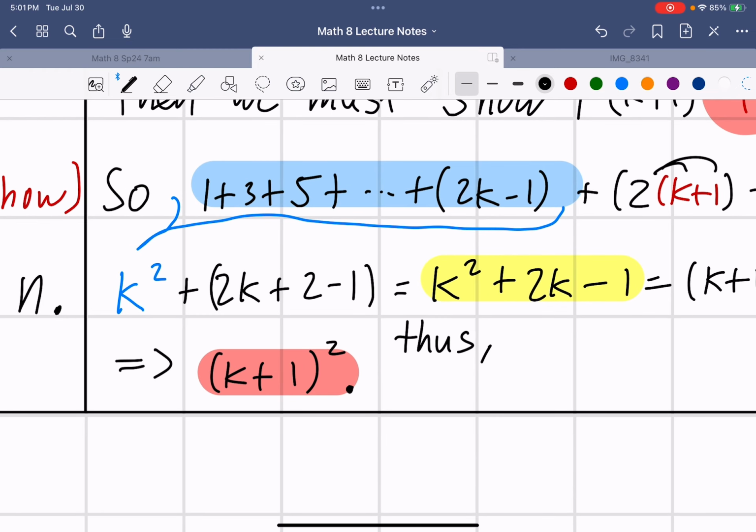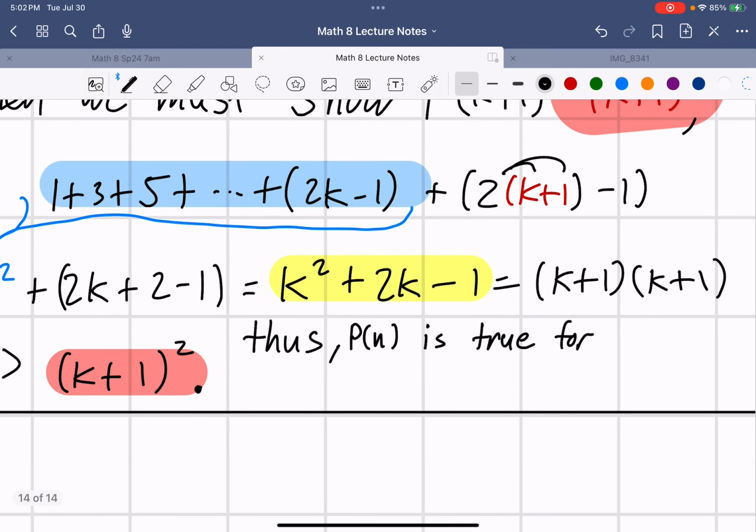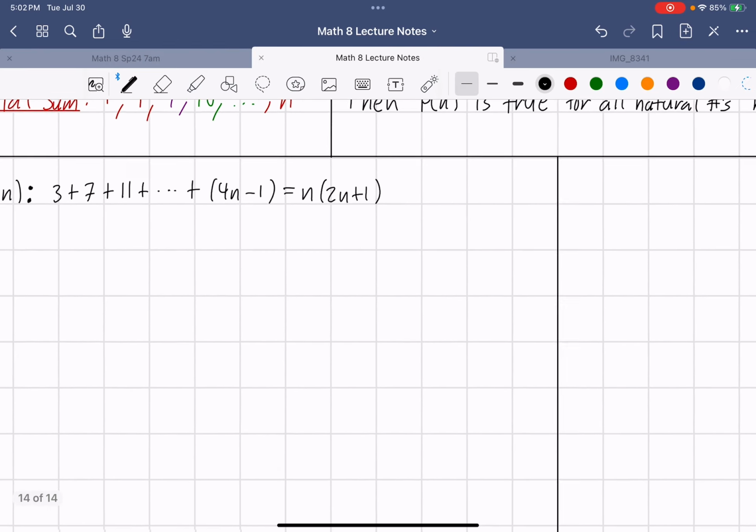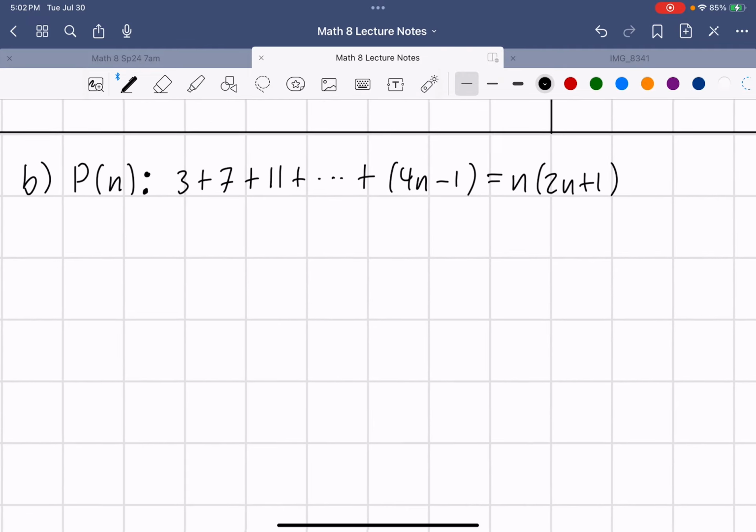So I'm just going to say thus, P of n is true for all natural numbers n. And then usually some people like to do this little box to kind of show that it's all true.